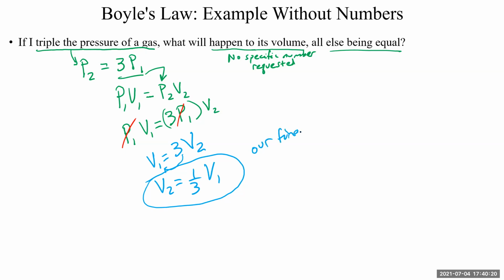To read this in words, our final volume, V2, falls to 1/3 its original value. It doesn't matter what its original value was.